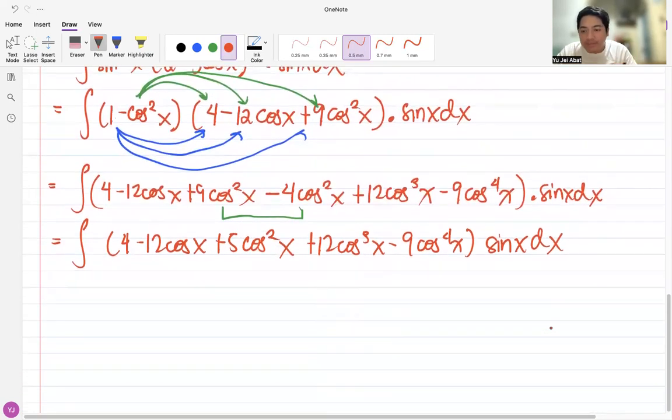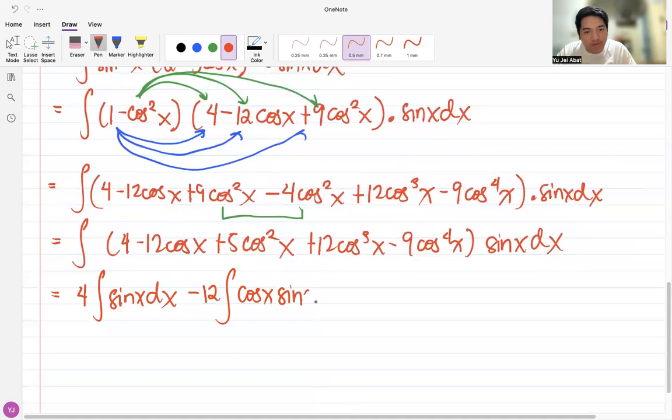Now distributing sine of x dx to all of these terms, I have 4 times the integral of sine of x dx minus 12 times the integral of cosine of x sine of x dx. I've already factored out the constant outside of the integral sign.